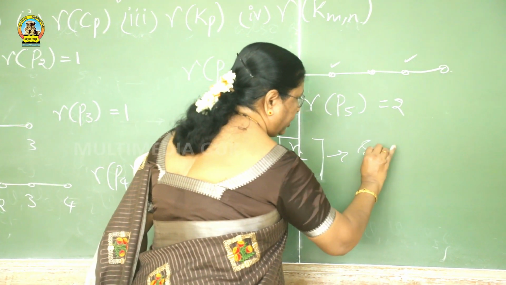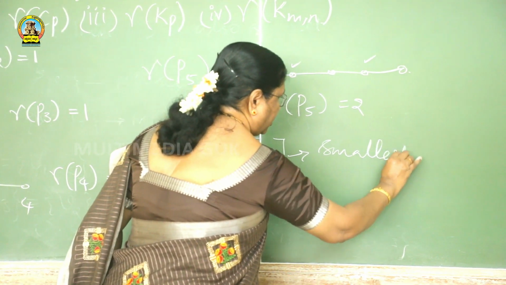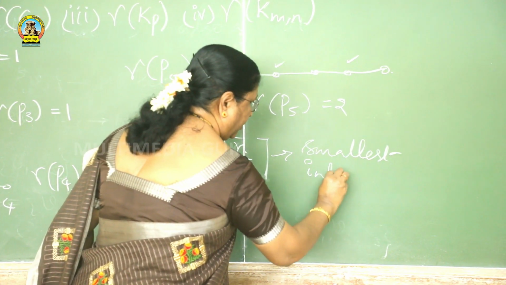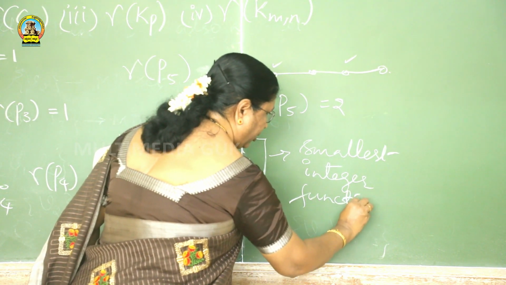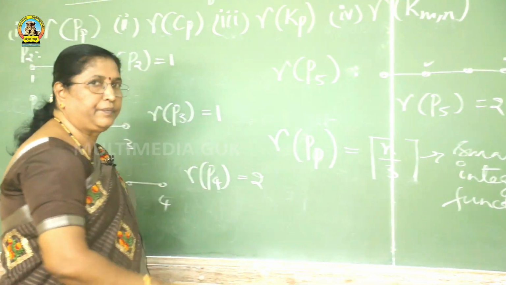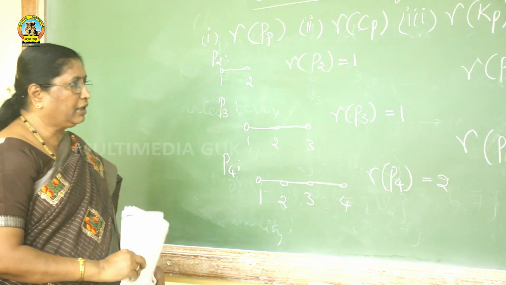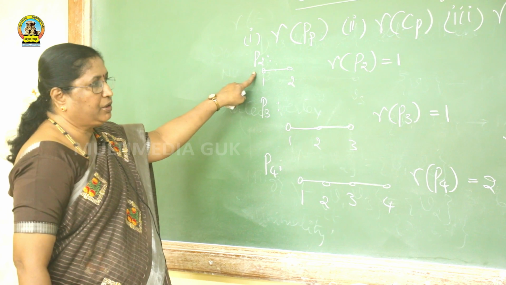This is what we call the smallest integer function. The smallest integer function. For example, here calculate for P2.